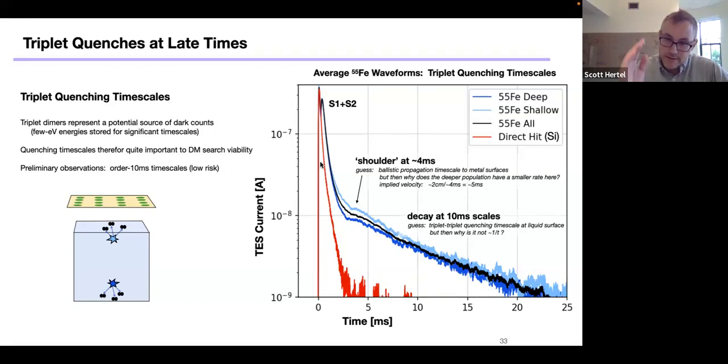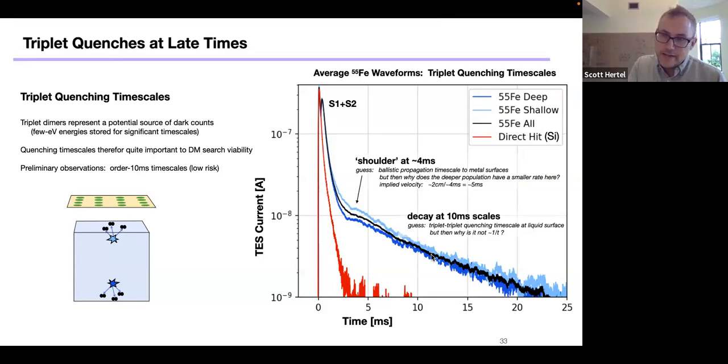This red curve is the pulse shape if you just directly input energy into the silicon. Then you see in the helium events, there's this evaporation afterwards. And then at long time scales, we see these triplet behaviors. So we see the shoulder at 4 milliseconds, and then we see a decay that's roughly an exponential decay with roughly a 10 millisecond time scale.